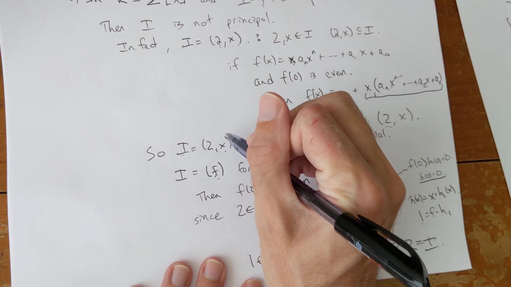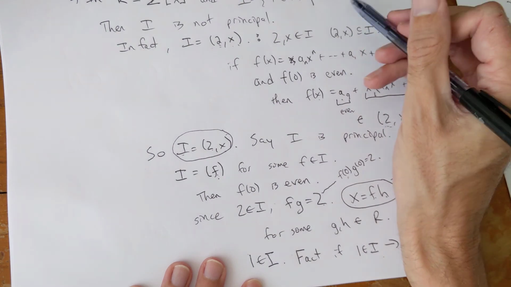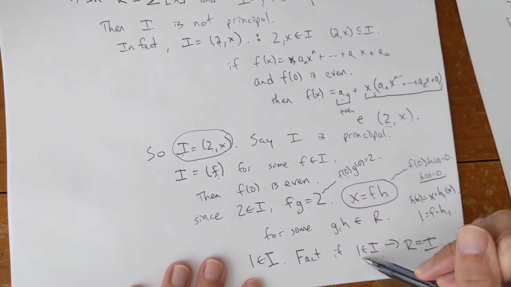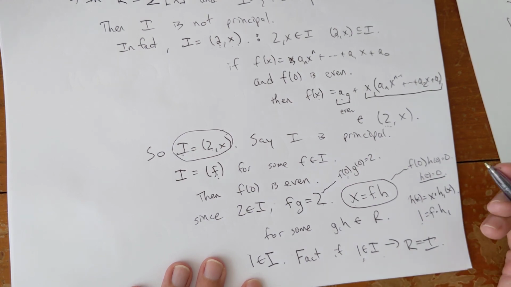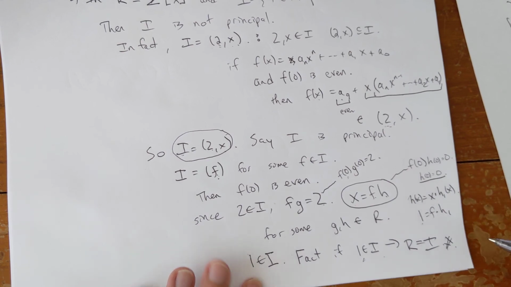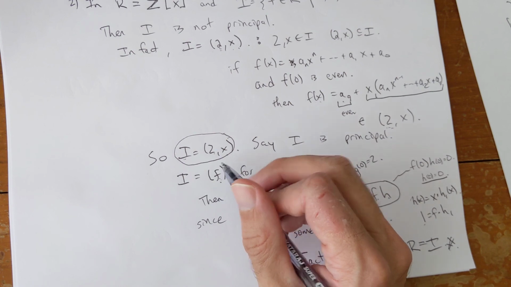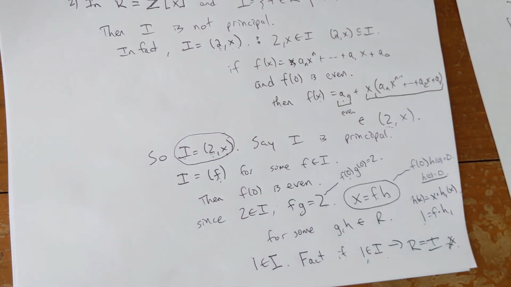But notice this ideal, the ideal generated by 2 and x, or the ideal where f of 0 is even, is not the entire ring, because the constant polynomial 1, if I plug in 0, is not an even number. So this is our contradiction. It's not possible for I to be generated by a single polynomial. We need both of these to generate all of I.